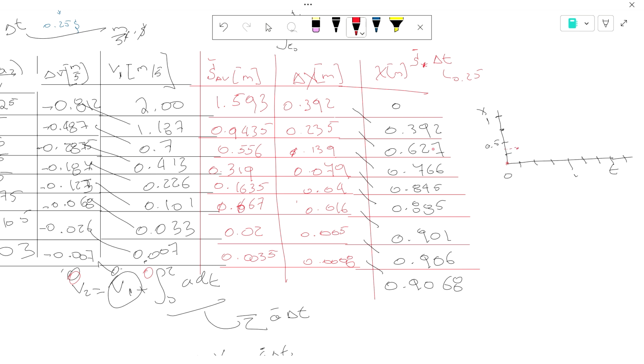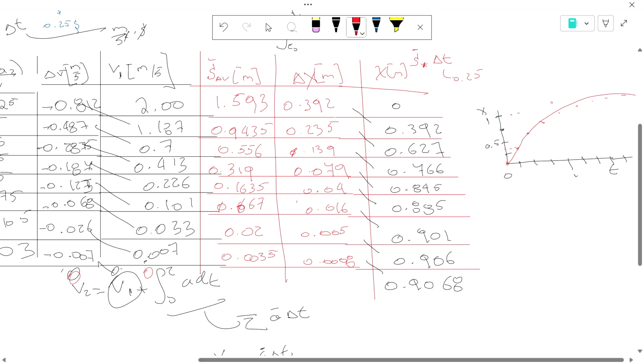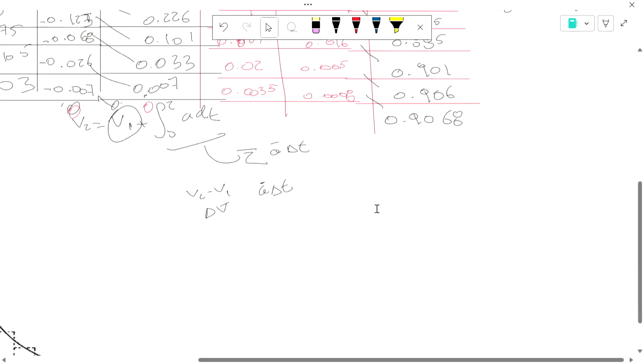At 0.5 is 0.62. At 0.75, 0.76. The next one is 0.84. So it's something like this. It shouldn't go above 1, so I need to fix that.